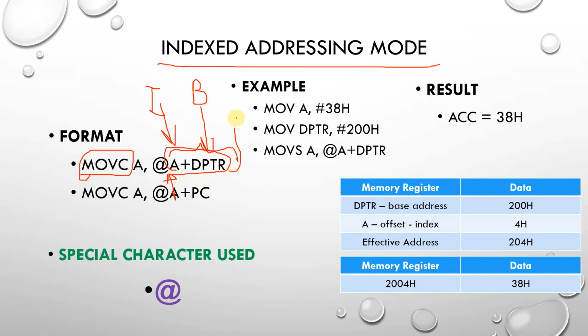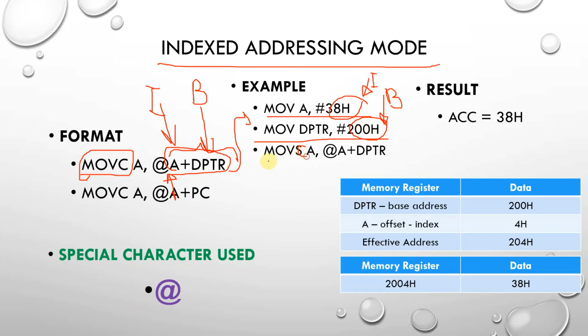Now discussing it with an example, let's suppose A is moved with the 4 immediate data, which will frame the index of the address. DPTR is moved with 200H, which will frame out the base of the indexed address.